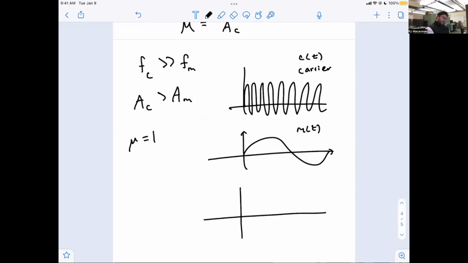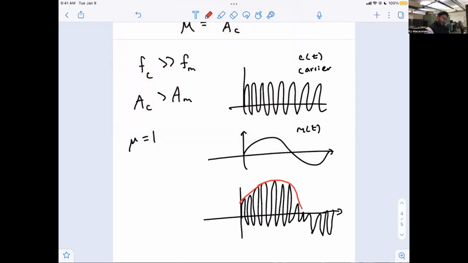And then our amplitude modulated signal, at every part of our message signal, we have this modulation, right? So it's going up and down really fast. And our message is then contained inside of this, which is called the envelope, right? So we ride these peaks of our message. And we usually don't fold over to this negative side, right?